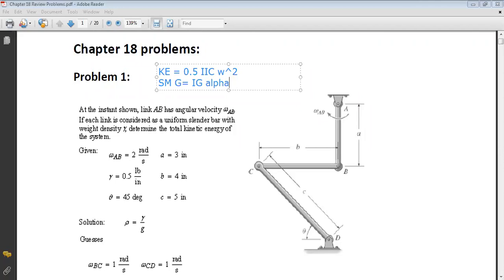Or if you take any other point, you should take IG alpha plus the moment of vector MAG about this point. So don't forget this. Now let us move to another problem.